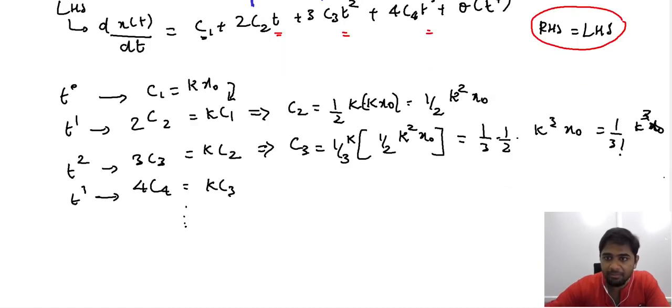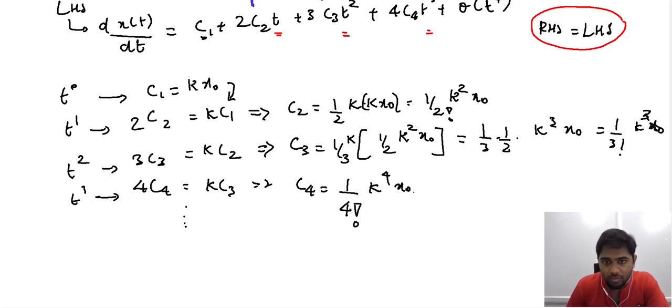And now I believe you are able to perceive a pattern. We have Kx naught, then 1 by 2 factorial K square x naught, then 1 by 3 factorial K cube x naught. Following this pattern, C4 would be, if you substitute the C3 that you identified into this expression, 1 by 4 factorial K power 4 x naught.